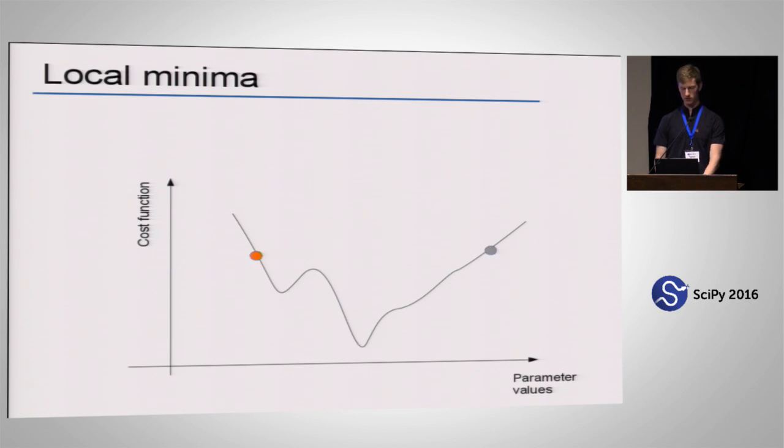And as you can see, it doesn't really work that well all the time, because even with equally good solutions, you can get stuck in what's called a local minimum and never reach the actual solution that you were looking for.